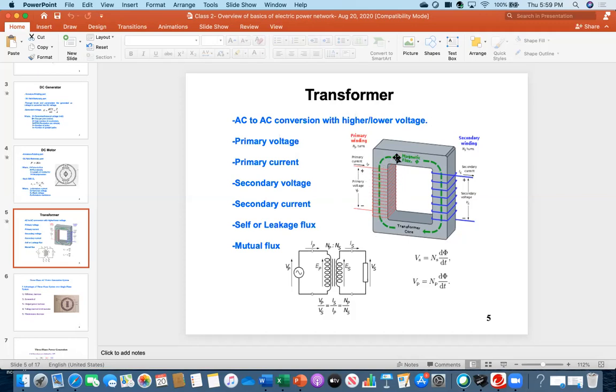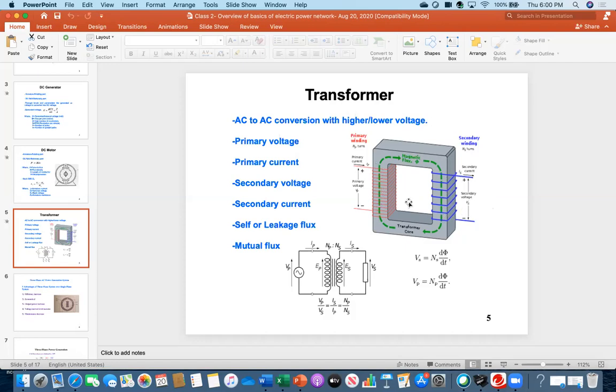This flux, everybody see, this green colored flux. Because this is the same magnetic material, the coils are separated, but once you apply the voltage on the left side coil, it creates flux phi. Then it moves throughout the core. And this same flux links the right side coil, then voltage will build up on the right side coil.